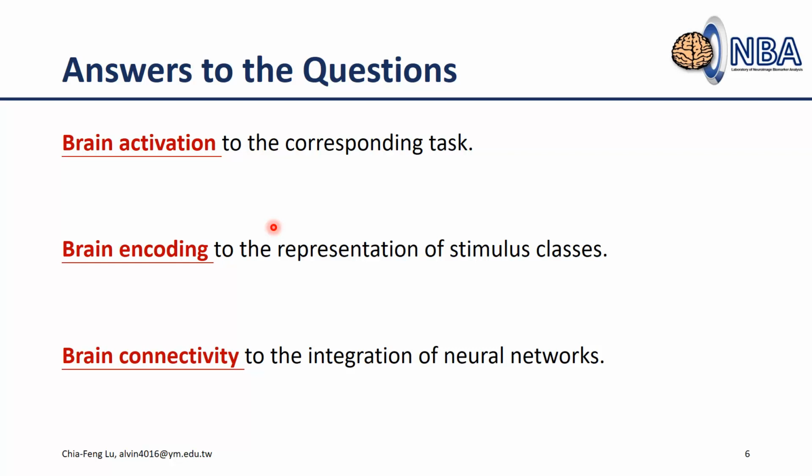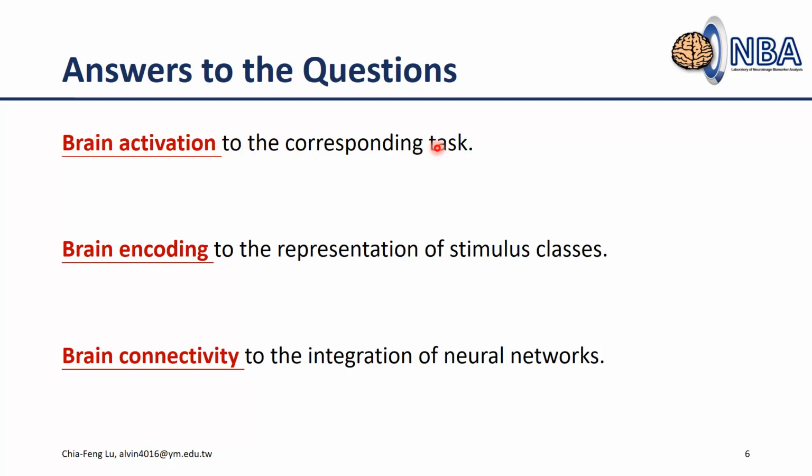So in the following slides, I'm going to give you an overview. Before you do any analysis, you need to think about what kind of questions you are going to ask, or what kind of answers you are seeking for a specific question. For example, if you aim to use fMRI, functional MRI, to determine what kind of brain activation corresponds to a task.